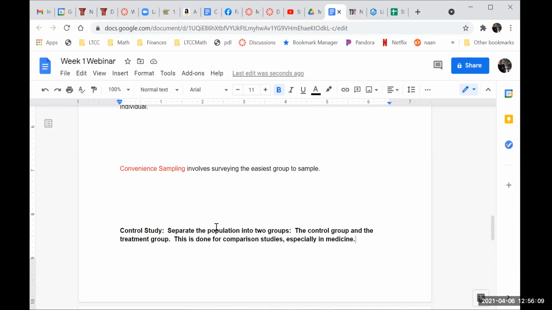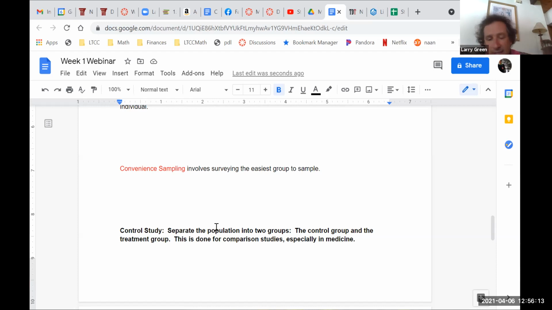Aren't the volunteers biased to begin with? Right. So here's the thing: the randomization is whether you're a control or treatment. That you can do. The randomization is not who's in the overall collection of people.